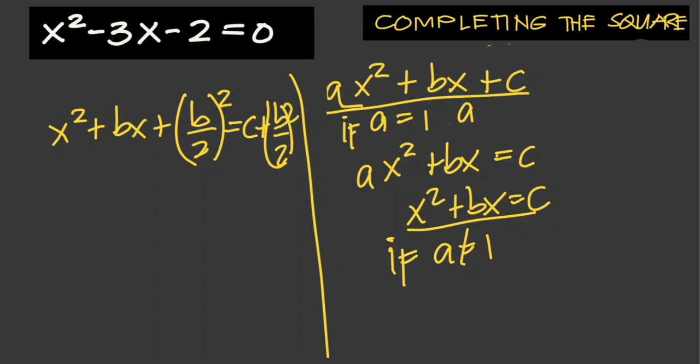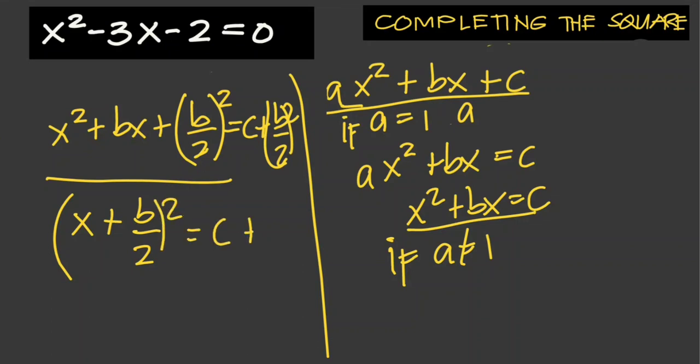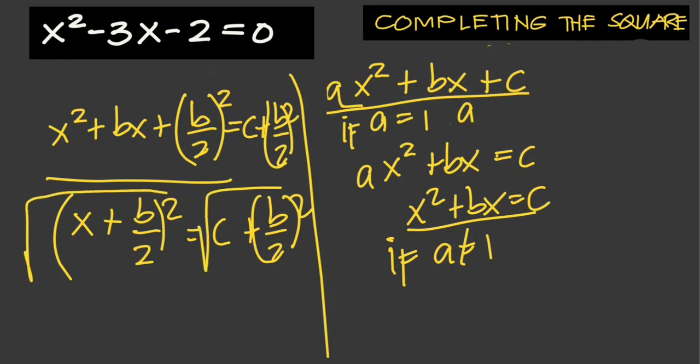Then we can factor the left side of the equation into a perfect square. So this equation would become x plus b over 2 squared equals c plus b over 2 squared. Then we square root both sides, then we can solve for our x.